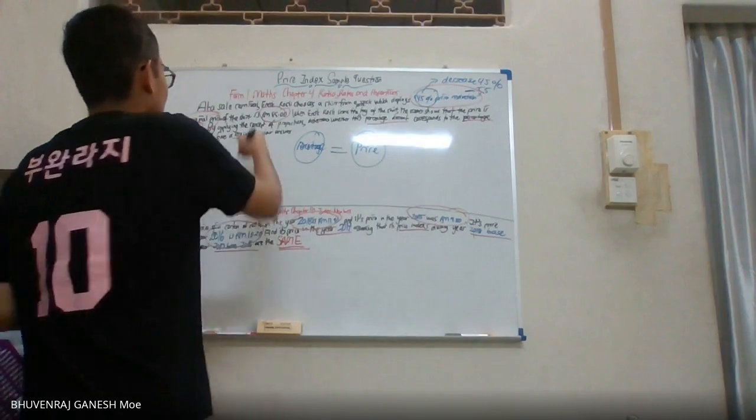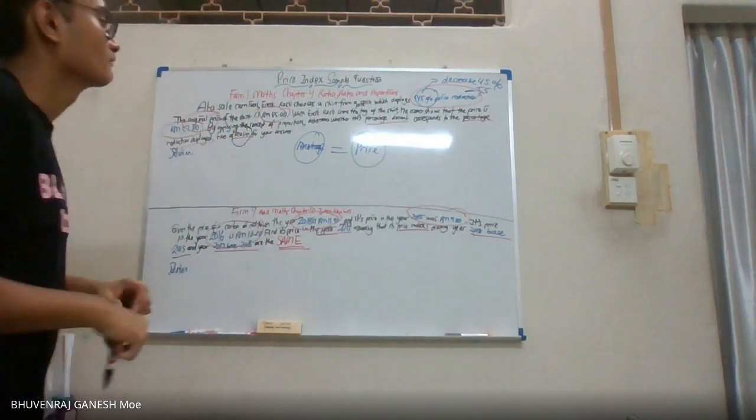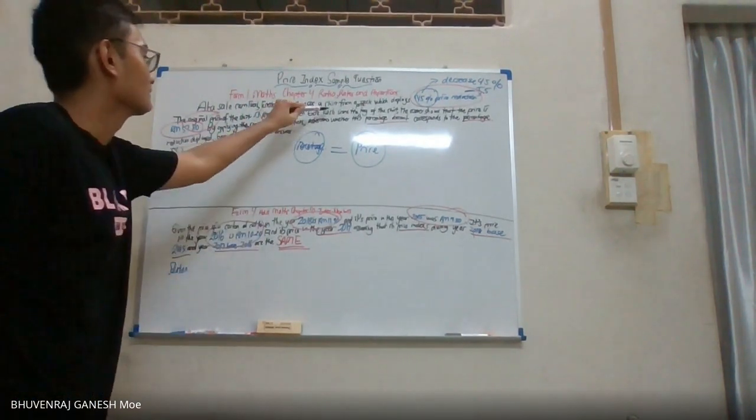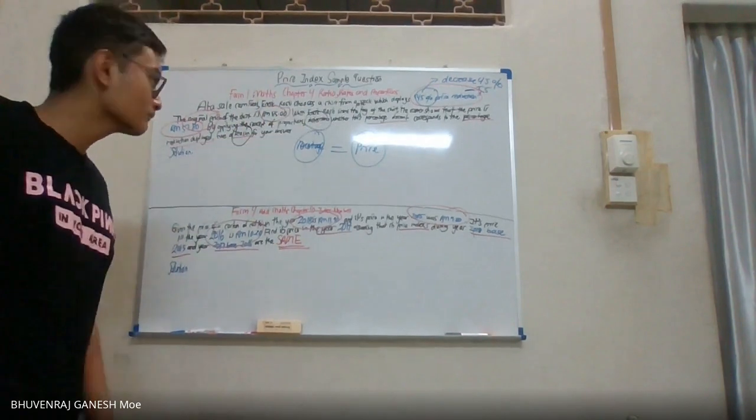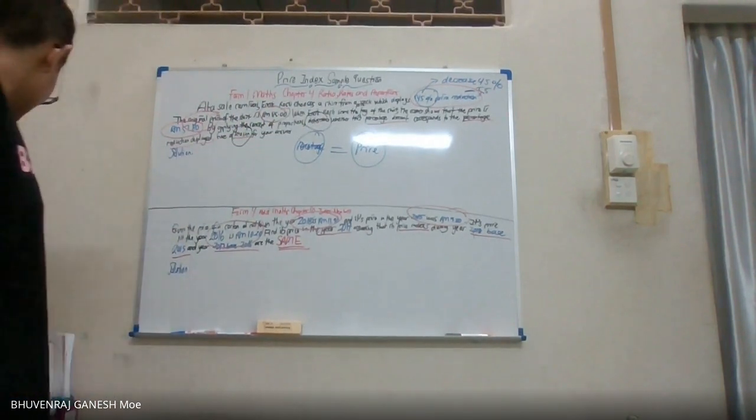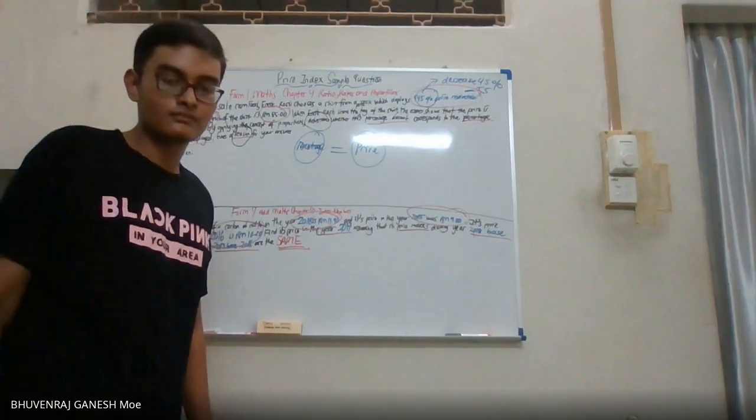Because they ask you to give a reason for your answer. So first you determine, then you tell the reason. Wait, what's that? The 57.80.